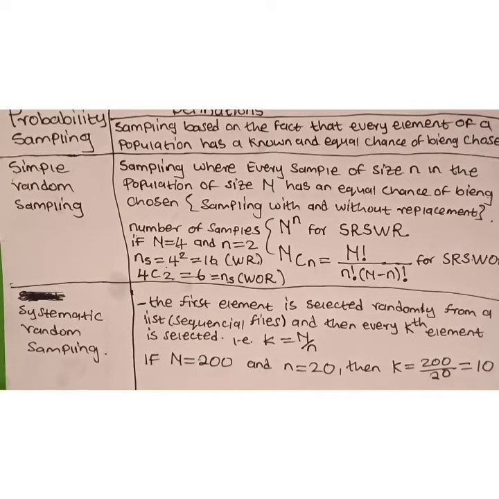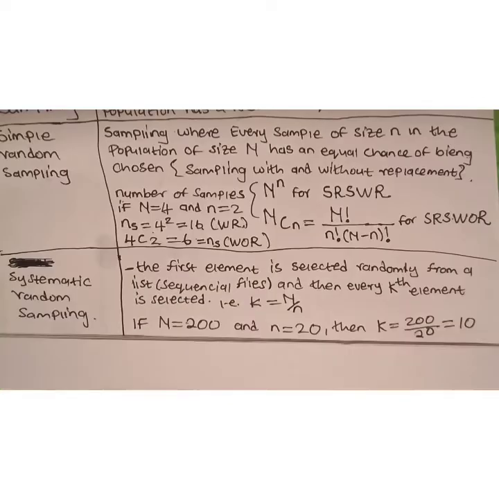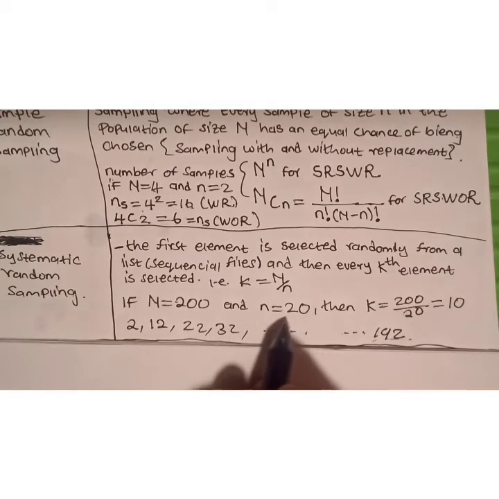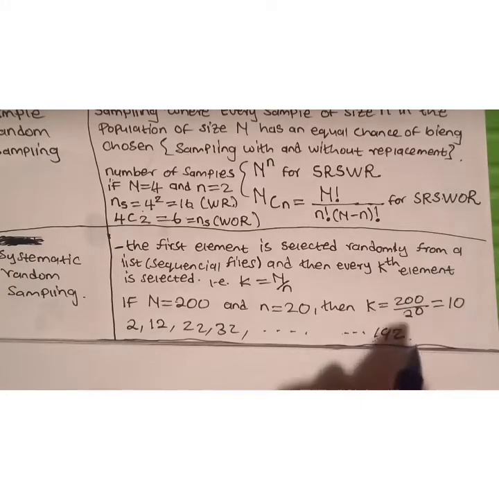If I start at 2, it means I will select every 10th individual starting from 2. So I will select 2, 12, 22, 32, 42, 52, until I select my 20th individual, which will be 192.